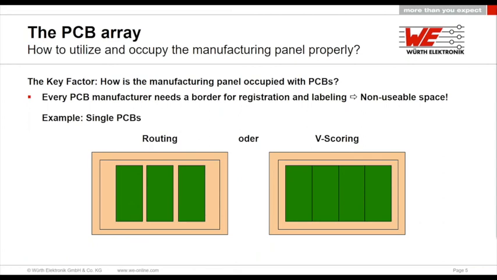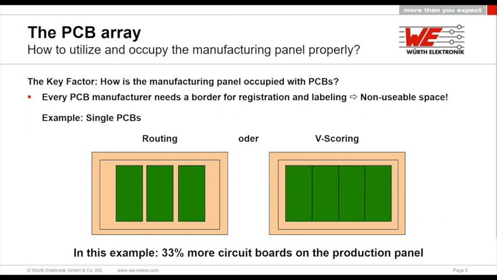V-scored means you make cuts from top and bottom and can break along those cuts, so that those PCBs have almost no distance in between them when we place them on the manufacturing panel. In this very simple example, you see that already here we can place 33% more circuit boards on a production panel.